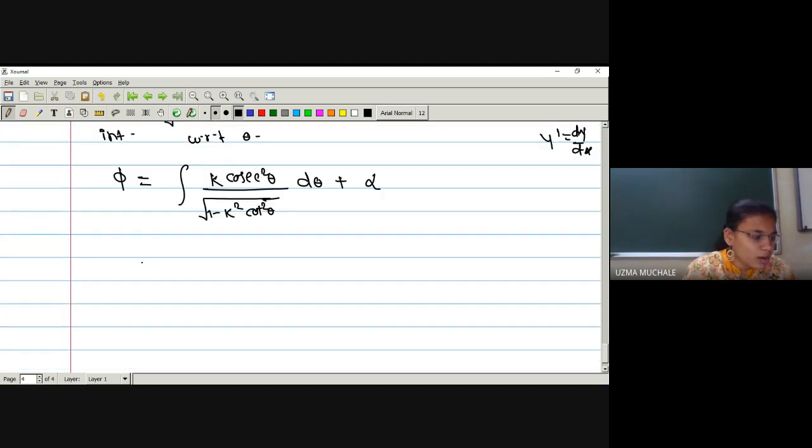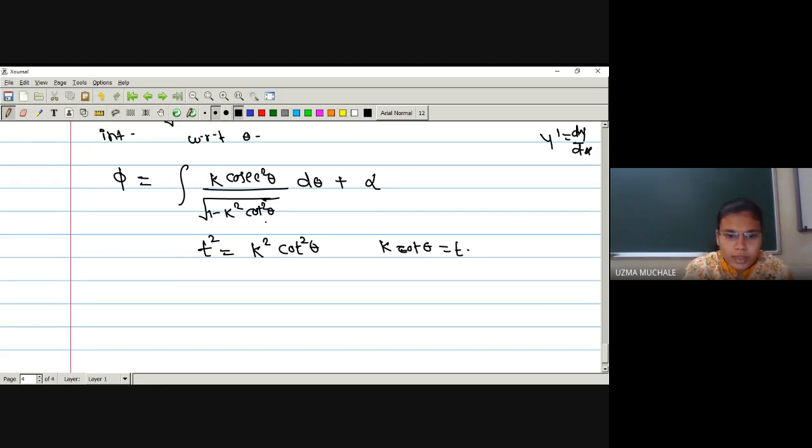Now if you are going to integrate, let us use the substitution method: t square is equal to k square cot square theta. Rather, we can write in general that k cot theta is the value of t.